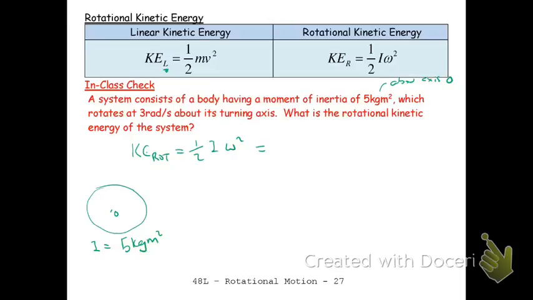Which rotates at 3 radians per second. So omega is equal to 3 radians per second, about this turning axis. What's the rotational kinetic energy? So I'm given that, that's 5, and I'm given that, this is a piece of cake.